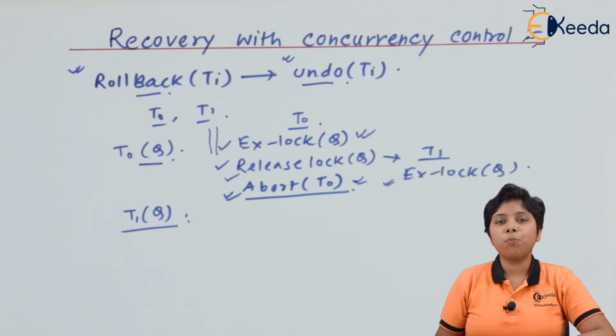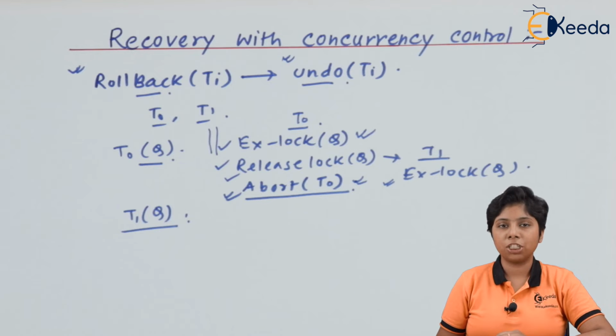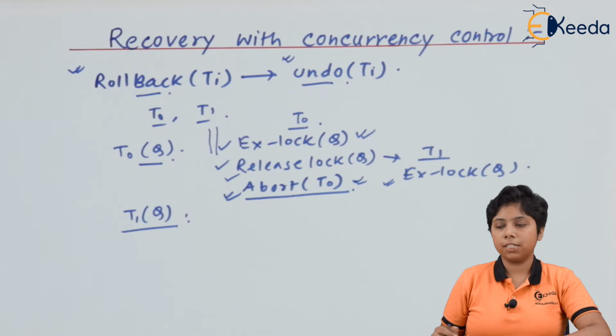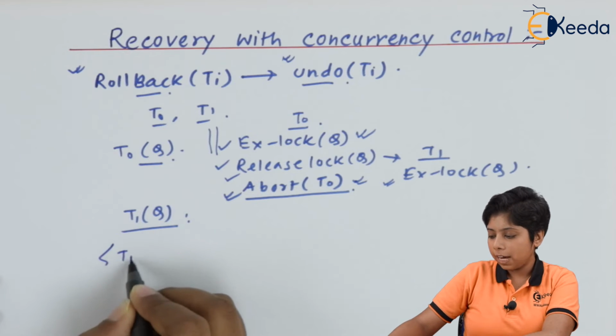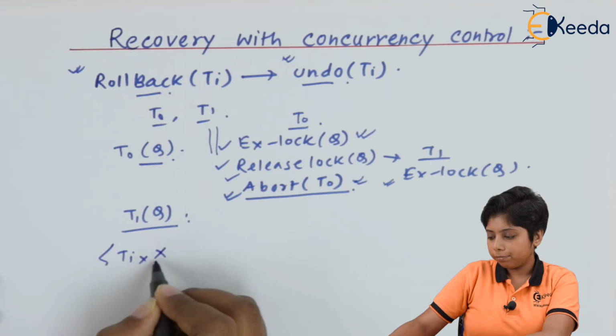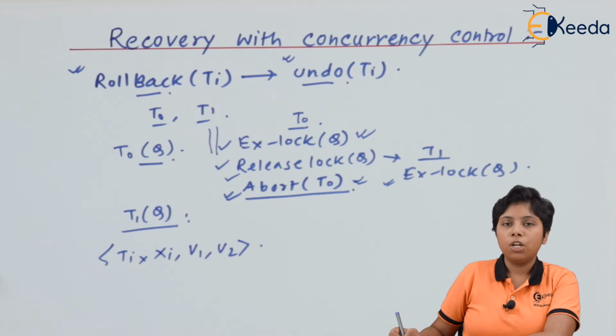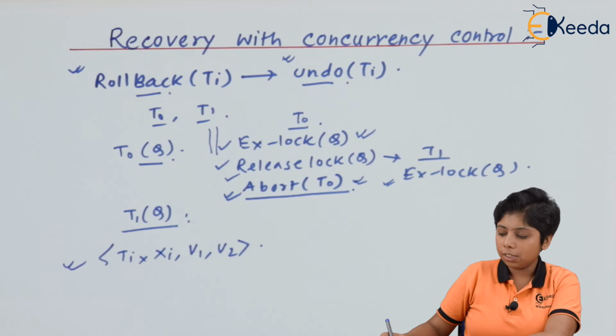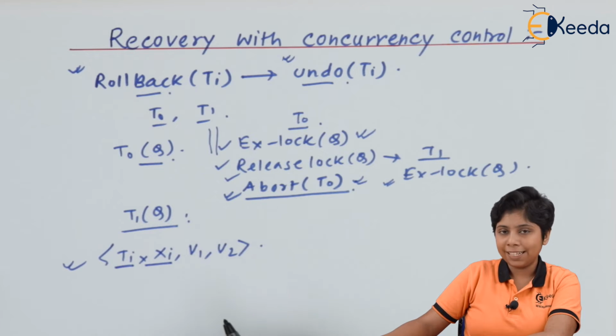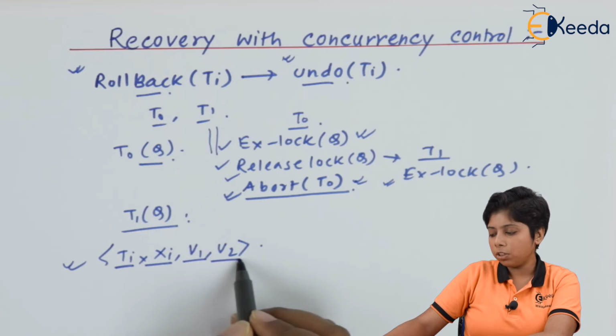Now there is one more problem with transaction rollback that we can have in concurrent execution. Suppose the log record consists of the values Ti, Xi, V1, V2. What happens in this transaction? Ti is changing the Xi value from V1 to V2.